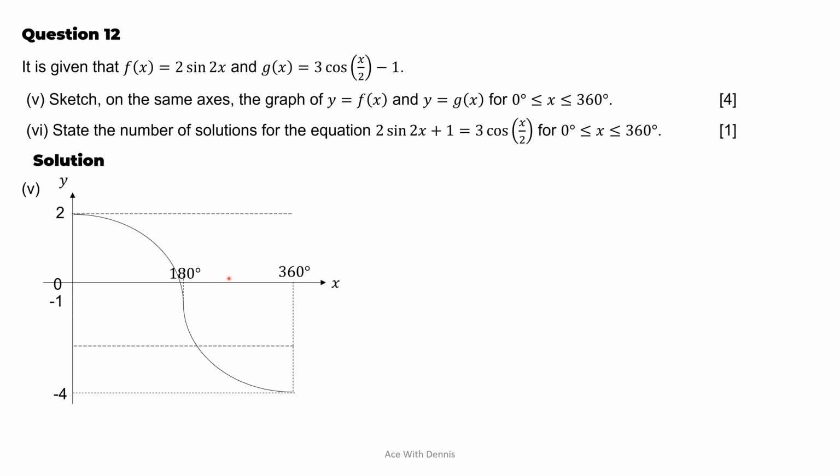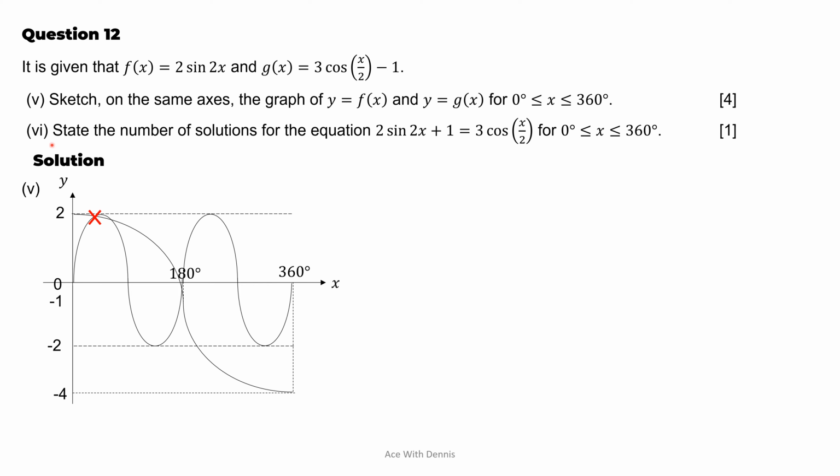So from 0 to 360 degrees, I will expect that I will have 2 complete cycles. So this is the first cycle and this is the second cycle. And the minimum point will be negative 2 here. So this is the graph of y equals f(x) equals 2 sine 2x.